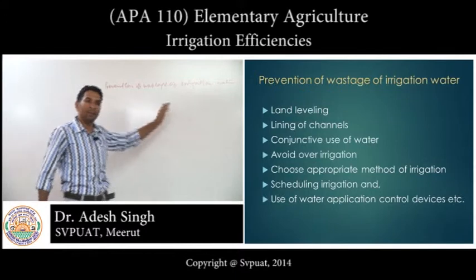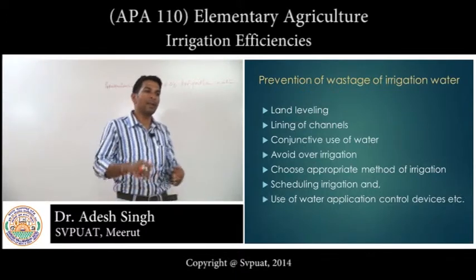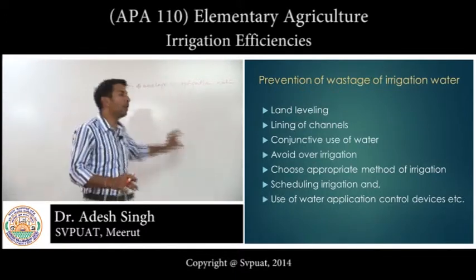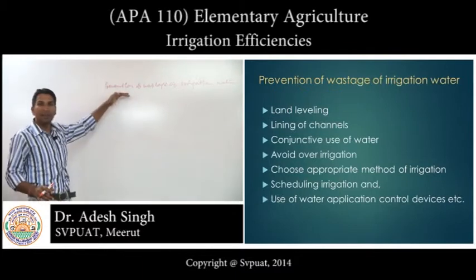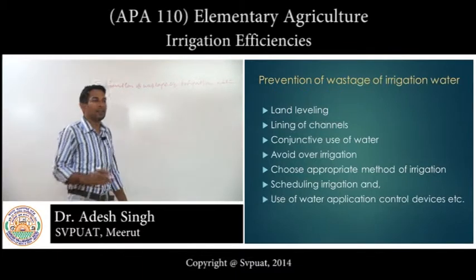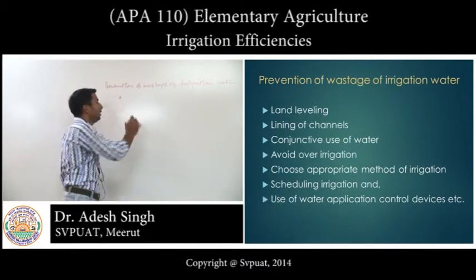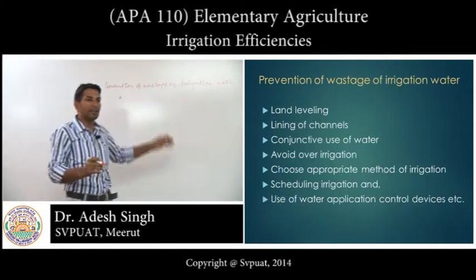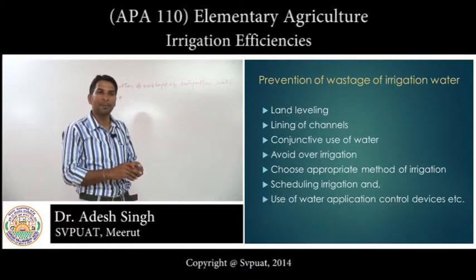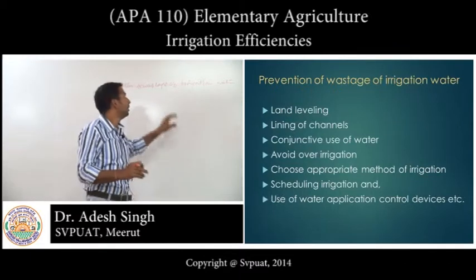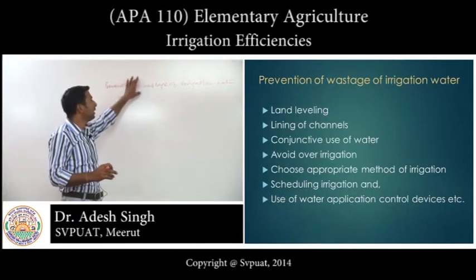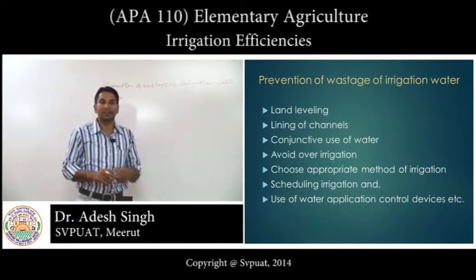So what are the important devices through which we can minimize this wastage, or how we can prevent the wastage of irrigation water? There are various methods for preventing the wastage of irrigation water.